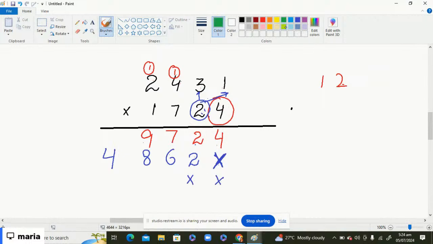Now multiply this 7 with all of it. 7 times 1 is 7. 7 times 3 is 21. You put 1 here, and 2 goes up.